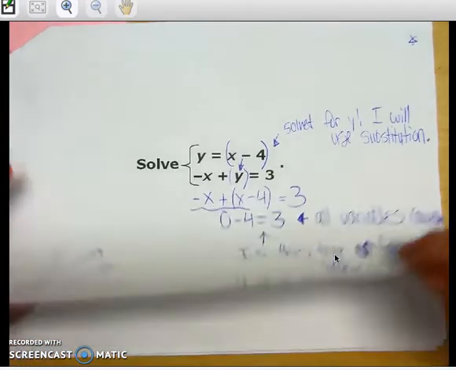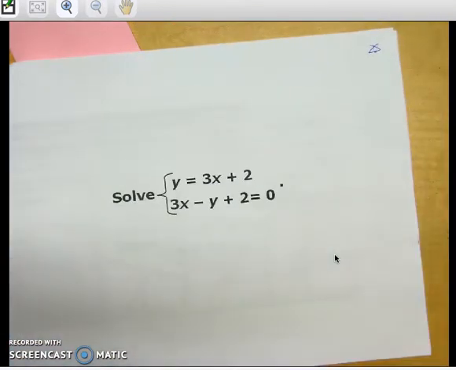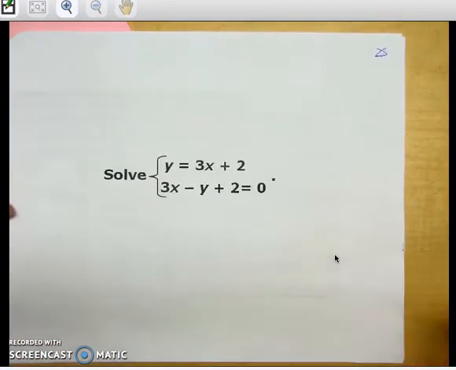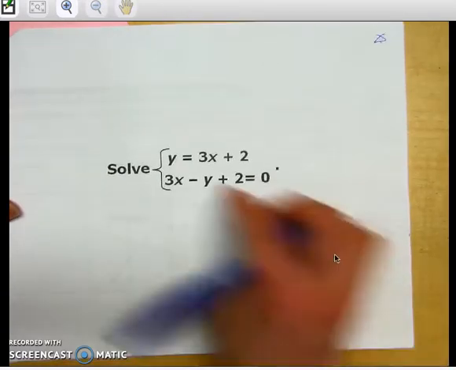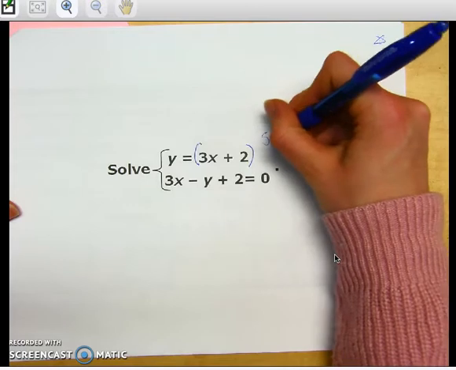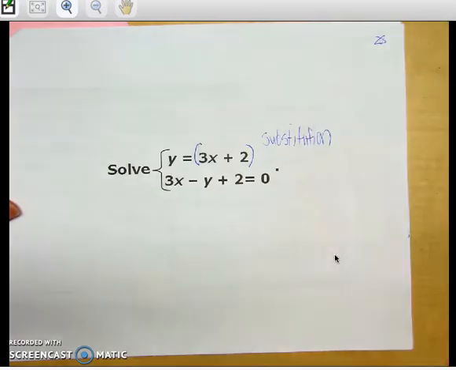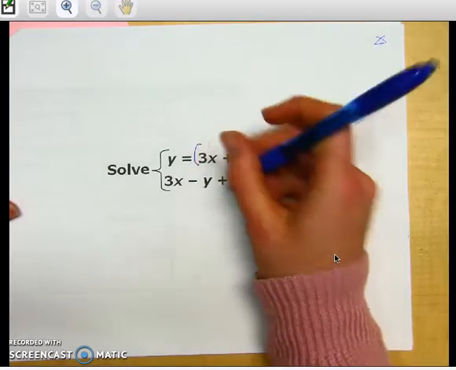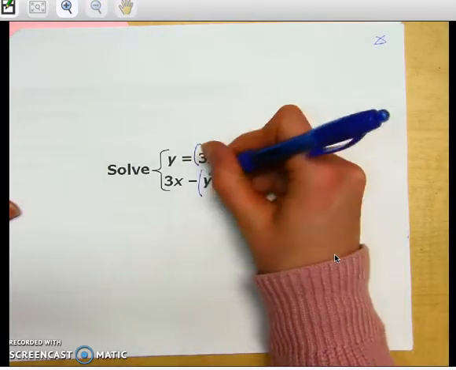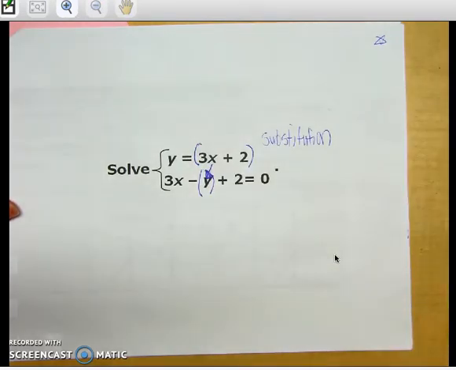Next up, I want to go through an example of where we might get infinite solutions. So this next problem I see is also solved for y. We have y by itself, which means I'm going to use substitution to solve. In this case, my y is 3x plus 2. I'm going to replace the y with 3x plus 2.